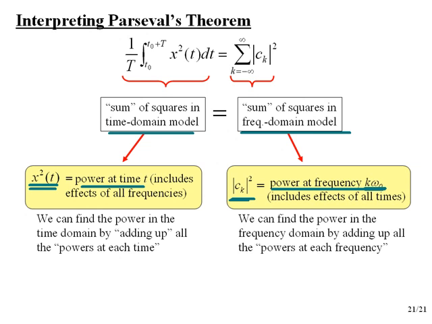The FCC would say you are allocated maybe a 200 kilohertz bandwidth centered at 99.1 megahertz. You need to be able to ensure that the signal you're sending out has most of its power.